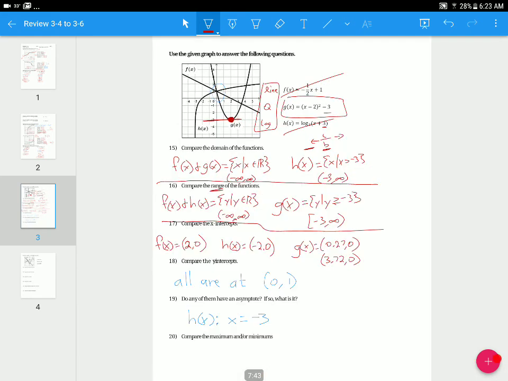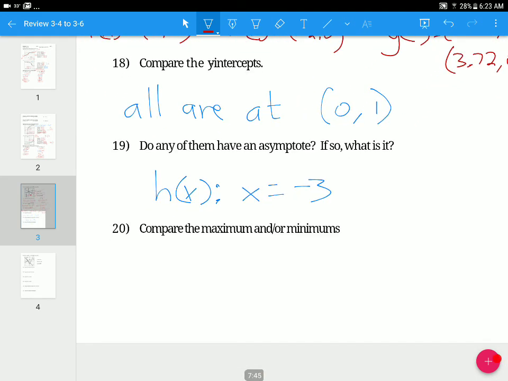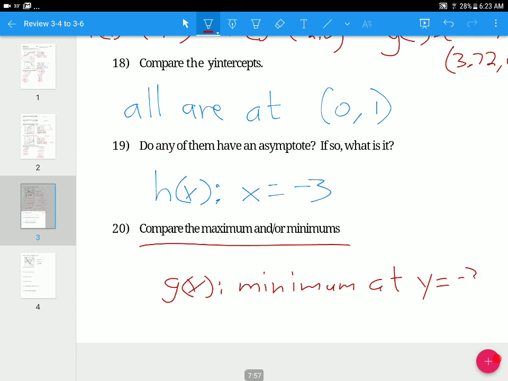You can just read the graph. So g of x has a minimum at y equals negative 3. Cool? And that's those ones.